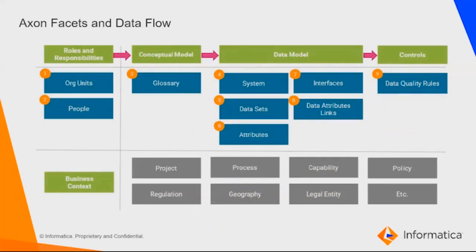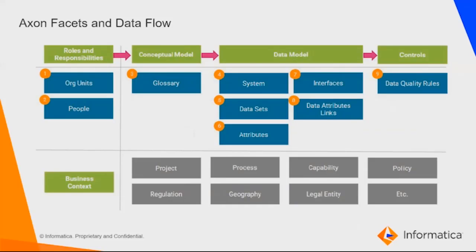You might have come across the Axon playbook, which is used for starting an Axon data governance journey. Axon comes with a set of facets which, as we know, are interrelated. Now, which facet needs to be started while you are onboarding a data governance use case?